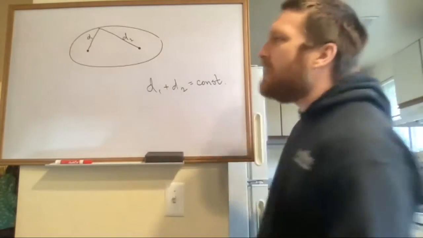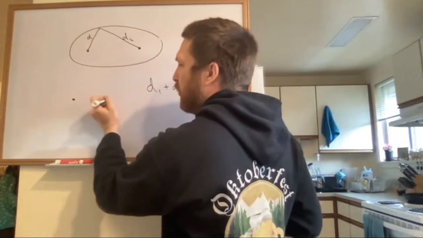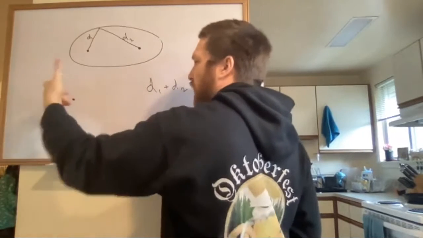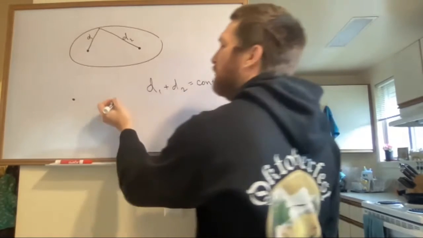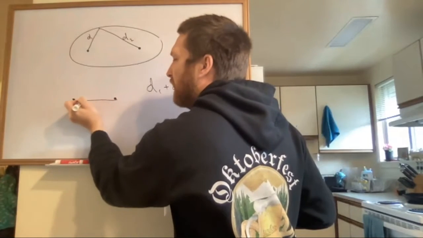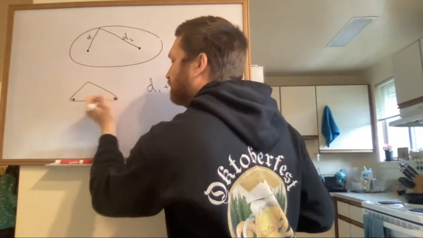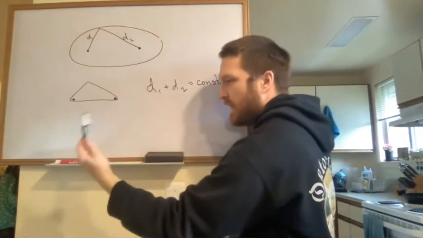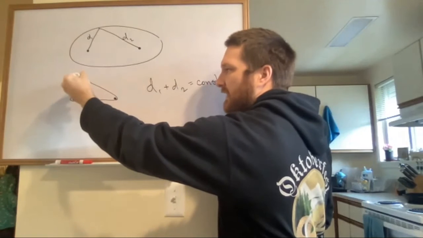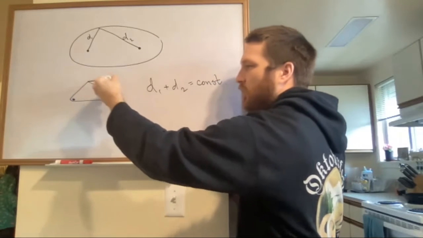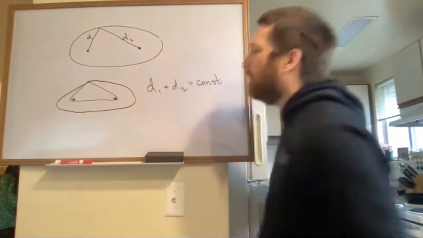One way you could create one of these is if I took a nail, I think I said this before, if I took a nail and drove it into the board right here, and I took a nail, drove it into the board right here, and I took a piece of string and wrapped it around here and left it loose so that I could pull it tight like that. And I take my pen and pull it tight and then keep it pulled tight and went around like that, then I would end up with an ellipse.